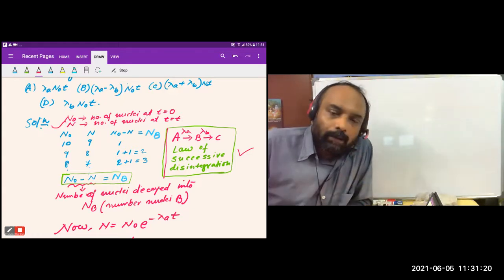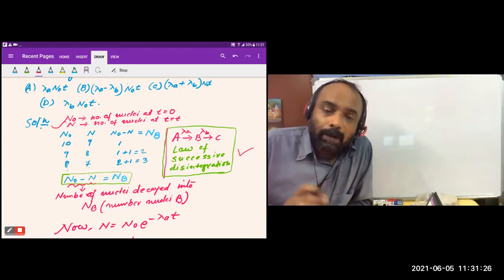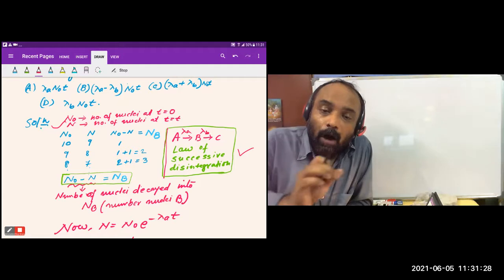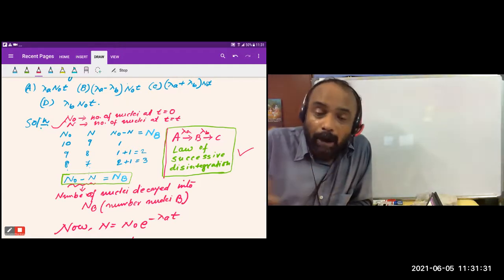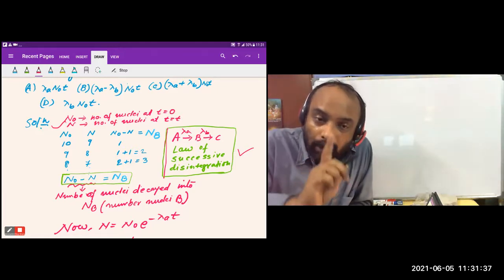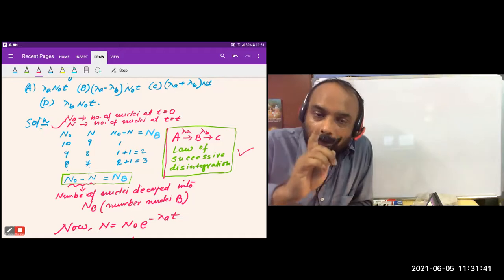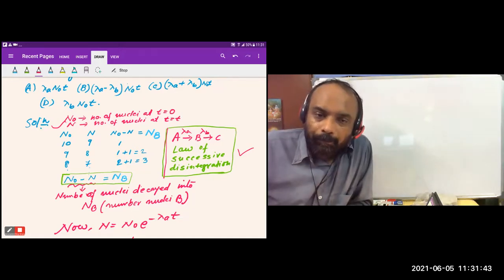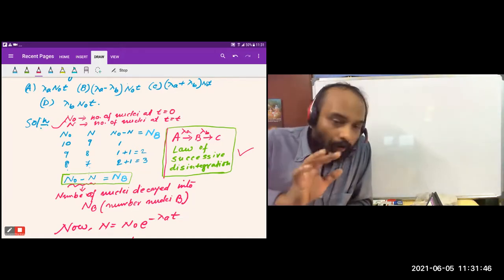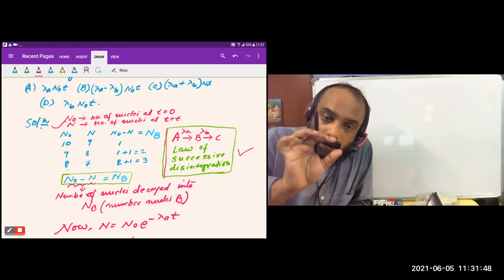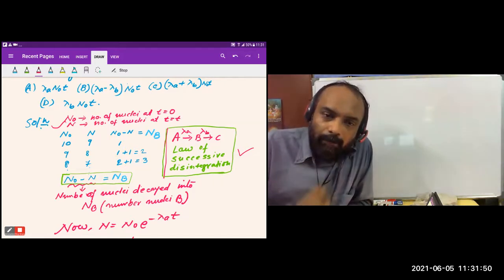My N is 9 at time t equals t. So how many nuclei are disintegrated? 1. And that one particle becomes my B element. Now I have 9 nuclei of element A.